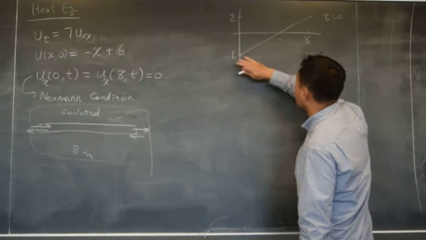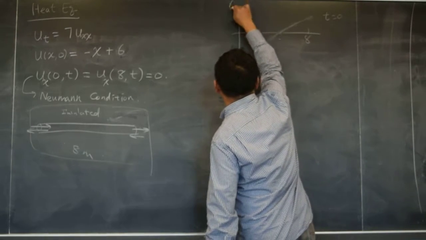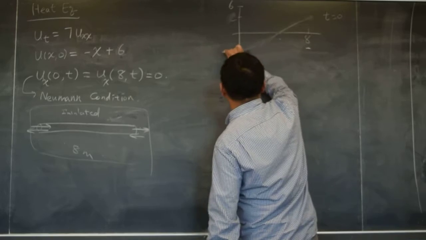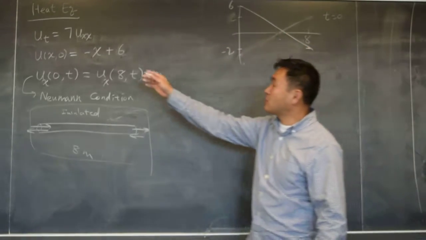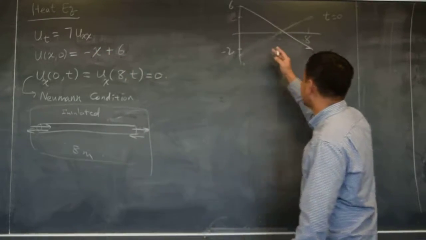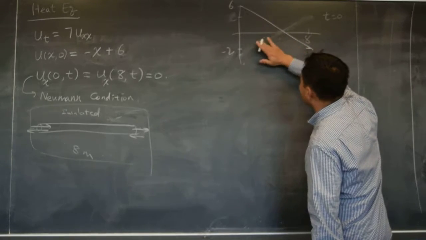Oh, sorry, I got it backwards. This should be +6 and -2. It's like this. Sorry about that. If you plug in 0, you get 6. If you plug in 8, you get -2. Okay, so that's what happens at time t equals 0.